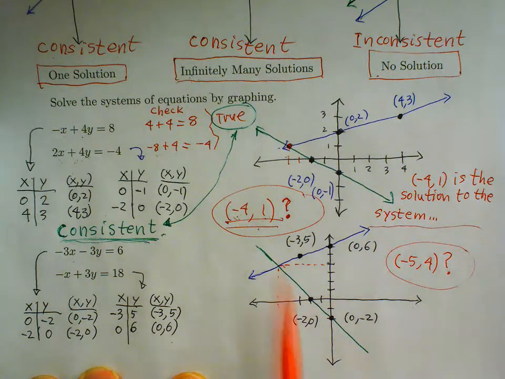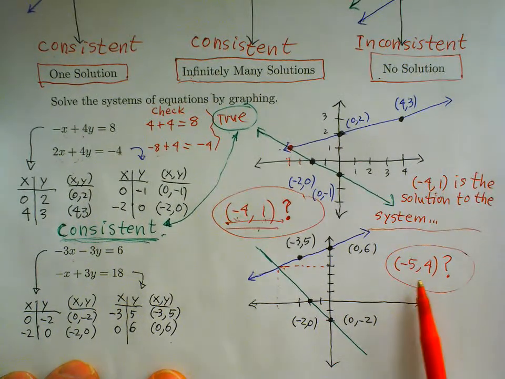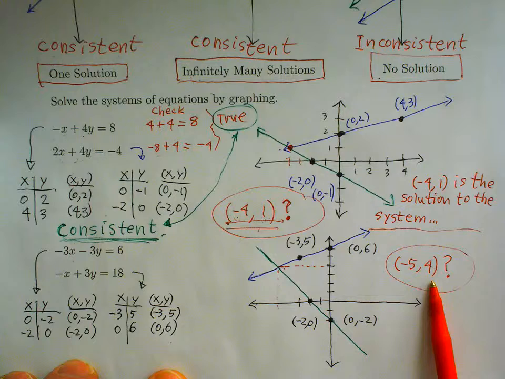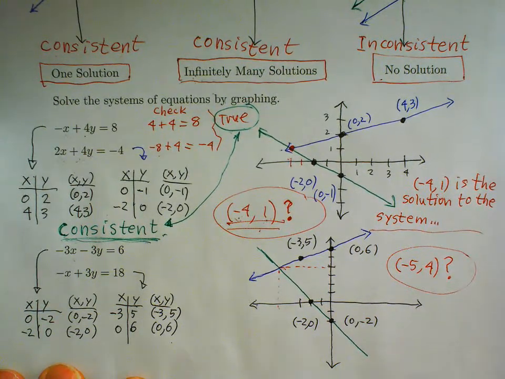We do know that the lines intersect, but we should check to see if negative 5, 4 is the point of intersection. So if we check the ordered pair negative 5, 4 in the top line, negative 3 times negative 5 is 15.